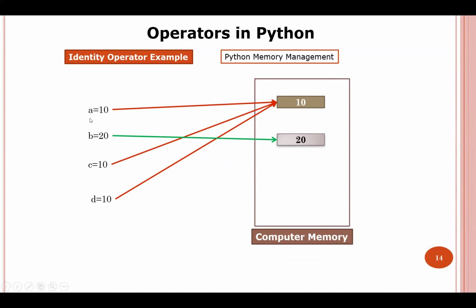Whenever you create three variables having the same value, Python will not create three memory locations. Python will create only one memory location, and a, c and d will all point to the same location. Using this, Python does the memory management.